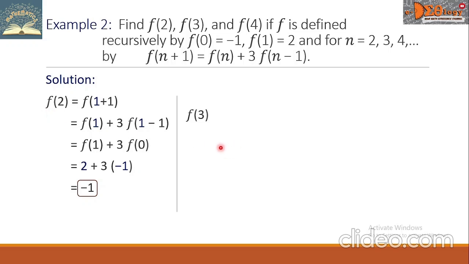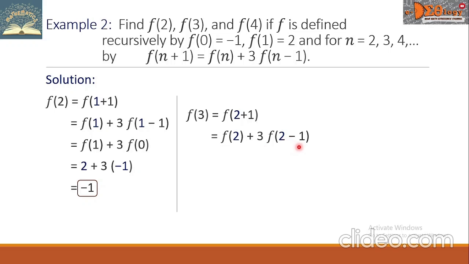Let's proceed with f of 3. Let us consider again this f of n plus 1, which means we can rewrite f of 3 as f of 2 plus 1, which means the value of n is 2. Based on the right-hand side here, we can rewrite this as f of 2 plus 3 times f of 2 minus 1.